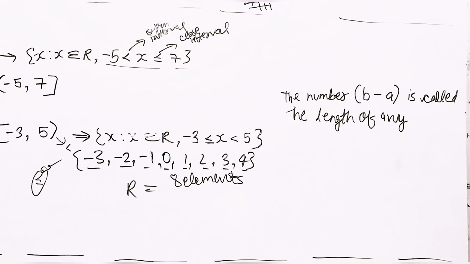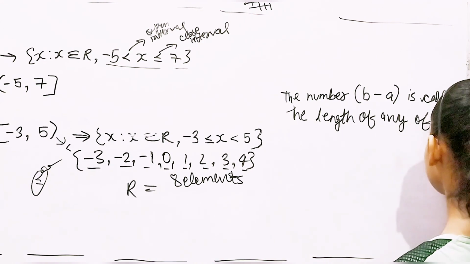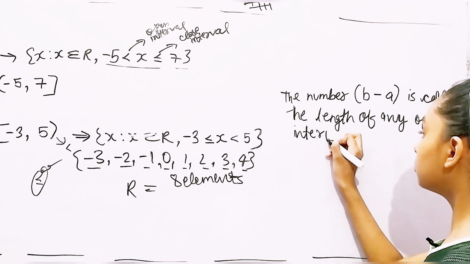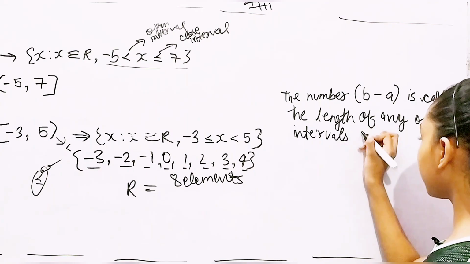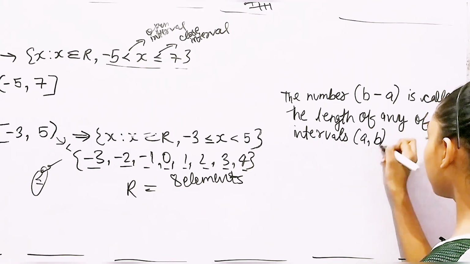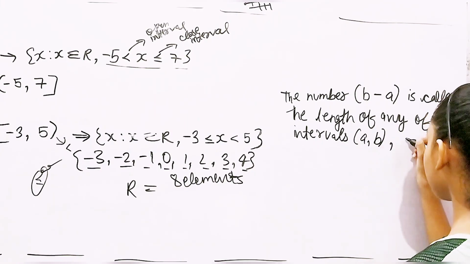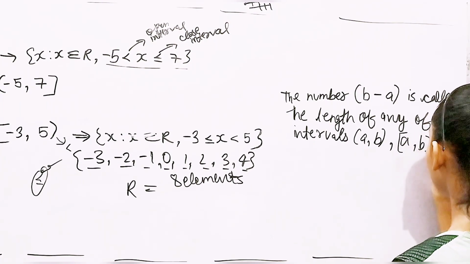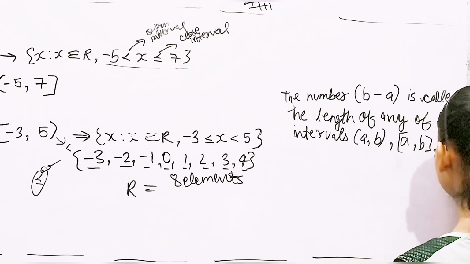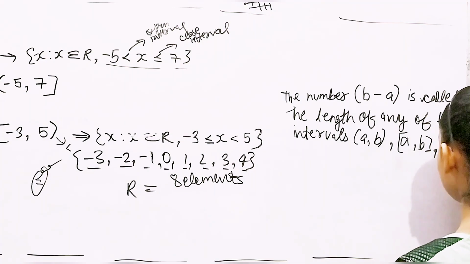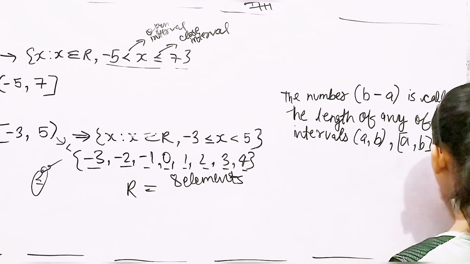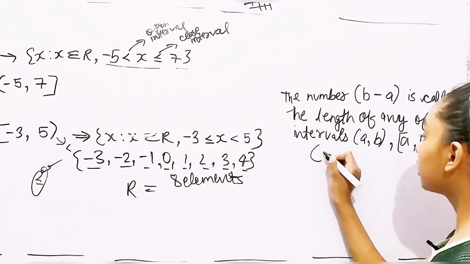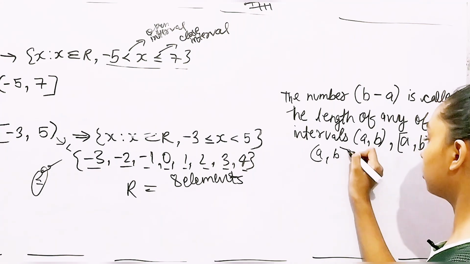It's the length of any of the intervals, all the 4 we have: a comma b in open interval, then a closed interval a, b, then half closed intervals, and in the end, the last one.